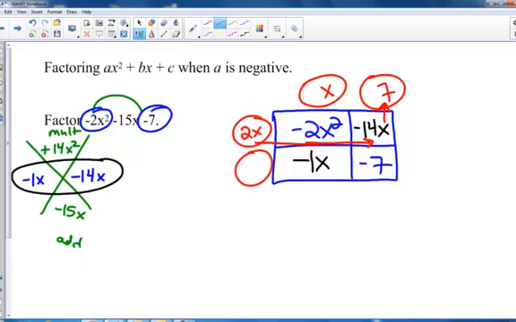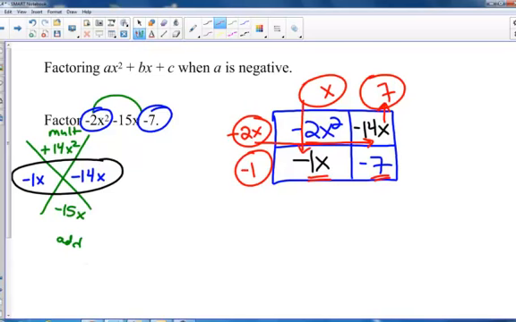I'm noticing this is negative 7, so if I make this negative, let's see if this works. This is my negative 1x, this is my positive x, so this would have to be negative 1.